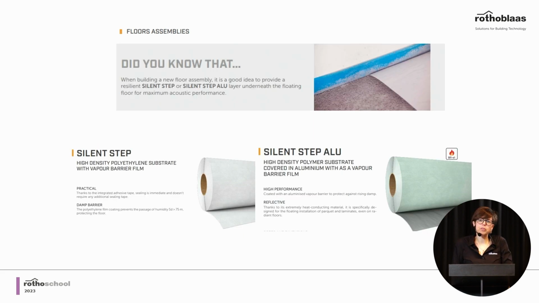To have a perfect solution, we can also add to our floor assembly a resilient membrane under the flooring, like Silent Step or Silent Step Alu, that allowed us to have a first separation and so a first reduction of vibration from the finishing to the other part of the flooring.